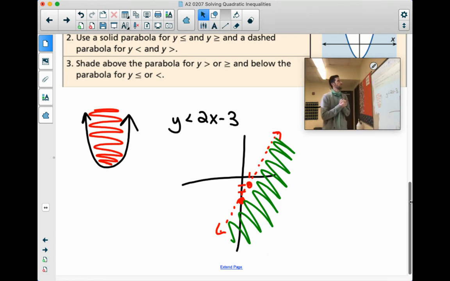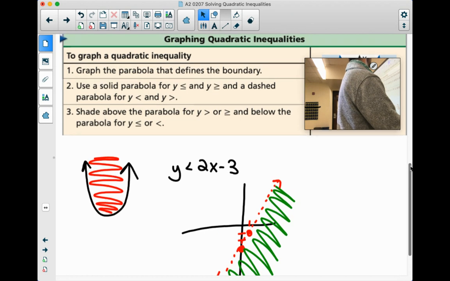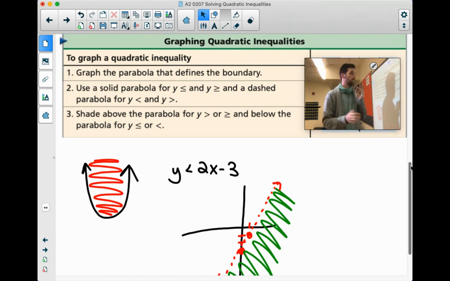All right, so a couple things here. If you look at the steps here, which will all be on the Google Slides, you graph the parabola, which we just did in this chapter. Use a solid line for the or equal to ones. So y is less than or equal to or greater than or equal to, you're going to use a solid line.